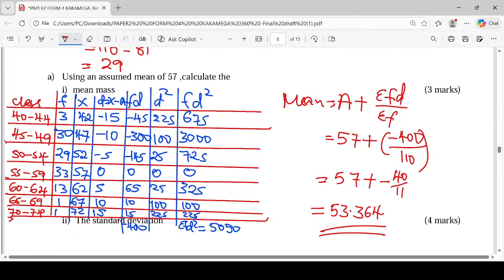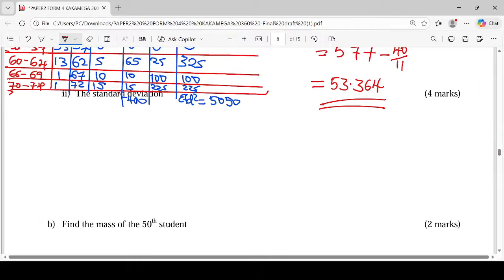Let's look at Roman 2 of the very question, where we are being asked to calculate what we call the standard deviation. So you need to know the formulas in this topic.